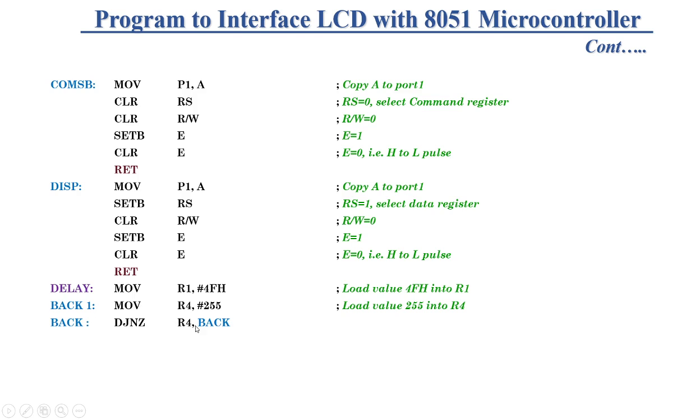So we have to wait until R4 becomes 0. When R4 becomes 0, we have to decrement register R1. If R1 is decremented and it is not 0, then we have to jump back to this location. Here again the R4 register will be loaded with 255, again it will be decremented till it is 0, and then again the R1 register is decremented.